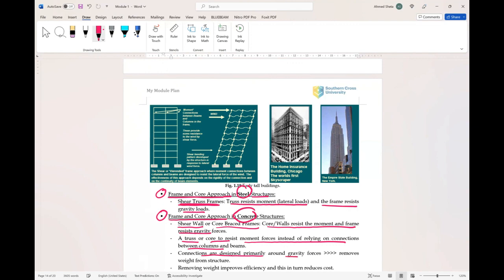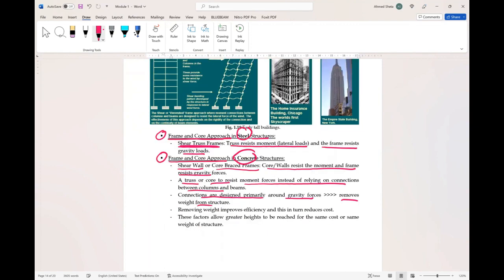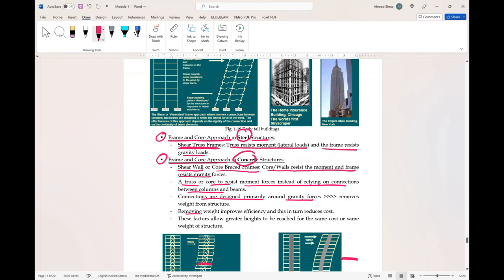Connections are designed primarily around gravity force, which removes weight from the structure. Removing weight improves efficiency and this in turn reduces cost. These factors allow greater height to be reached for the same cost or the same weight of structure.